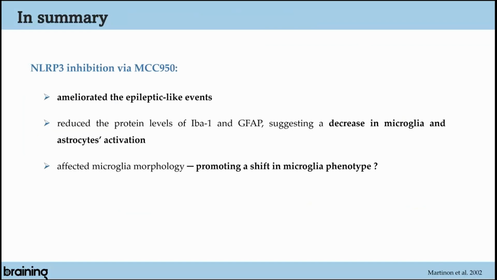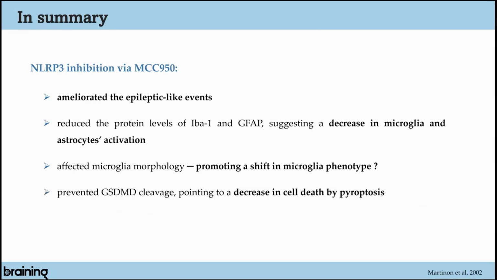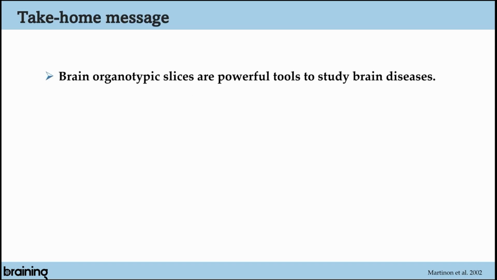As I told you, we're really exploring this shift in microglia phenotype, which will be very interesting. And it also seems MCC 950 prevents gasdermin cleavage, which means that in this system we have a decrease in cell death by pyroptosis. So MCC 950 indeed has a very good impact.